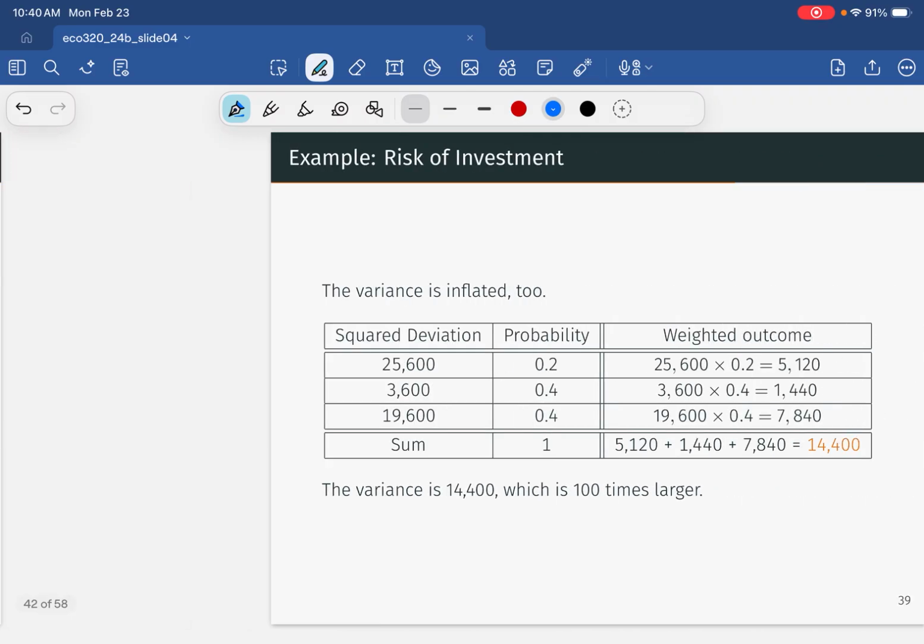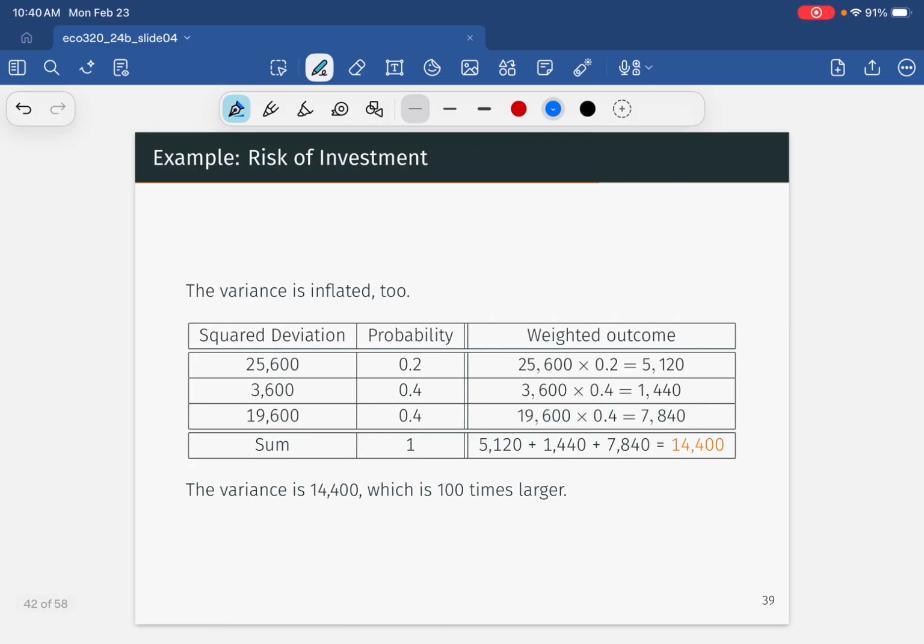Okay, then let's see the final variance. We get the square deviations as a new transformed random variable, and then the probabilities as the original, no difference. We multiply the outcome, this new outcome, by probability to get this.